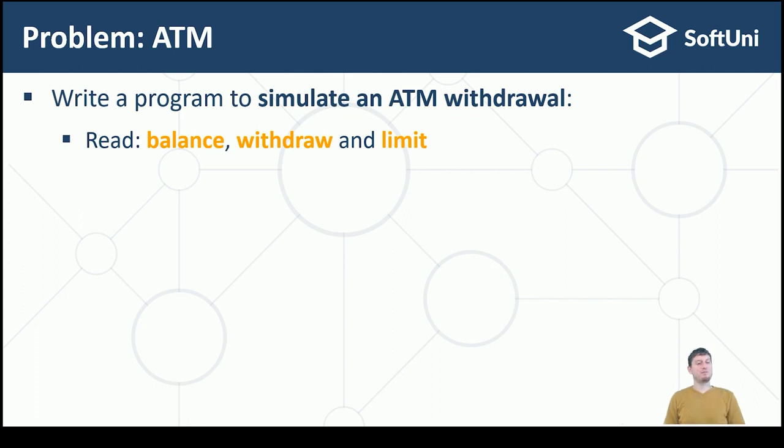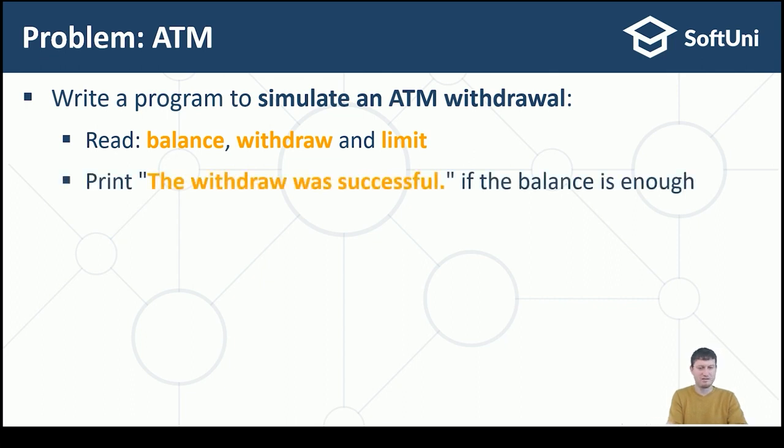The next problem is called ATM, Automated Teller Machine, or the cash machine on the streets. It's about writing a program which simulates an ATM withdrawal. So we have balance, withdraw request, and limit. For example, we may have a balance of $500, we may want to withdraw $50, and we have a limit of $100 per day, for example, or per operation.